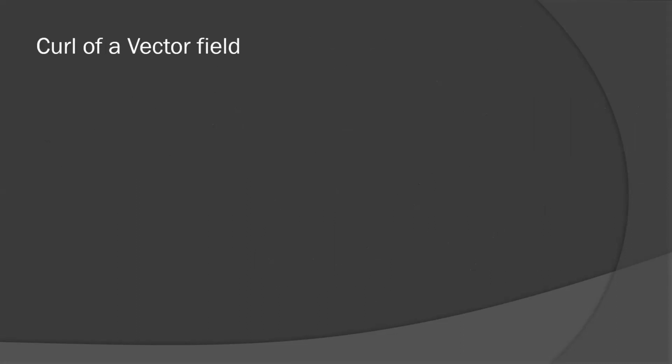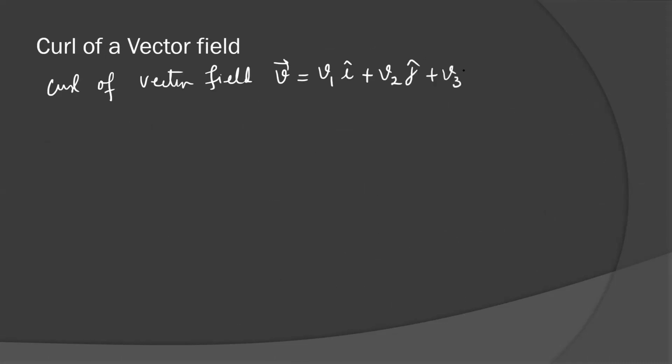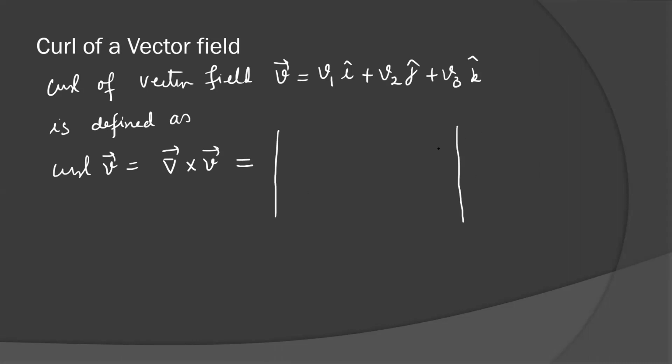Let's see the curl of a vector field. Similarly, the curl of vector field V equal to V1 i plus V2 j plus V3 k, where V1, V2, V3 are functions of x, y, z, is defined as curl V, or take the cross product del cross V, or vector product. Dot product is called scalar product and cross product is called vector product. We know how to define the cross product.